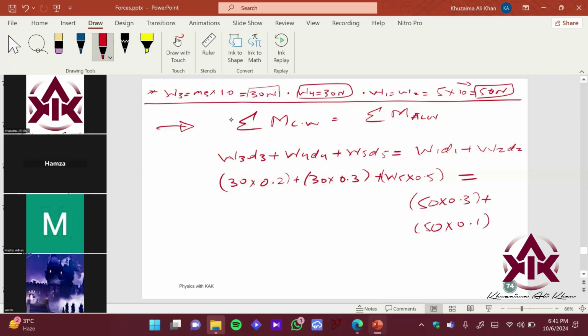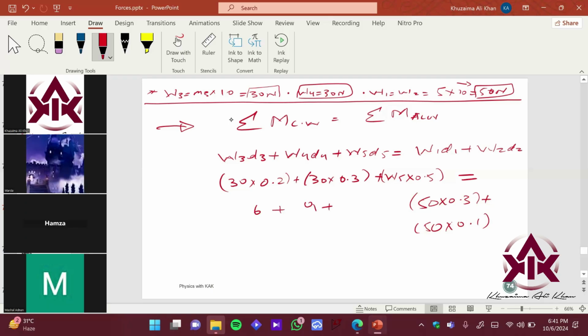So let's simplify this. What is 30 times 0.2? Can anyone tell me the answer? I don't have the calculator. It's going to be 0.2 into 30, which is 6. Plus 30 times 0.3 is going to be 9.